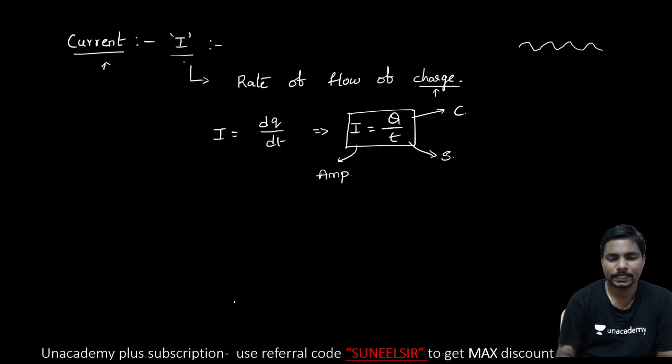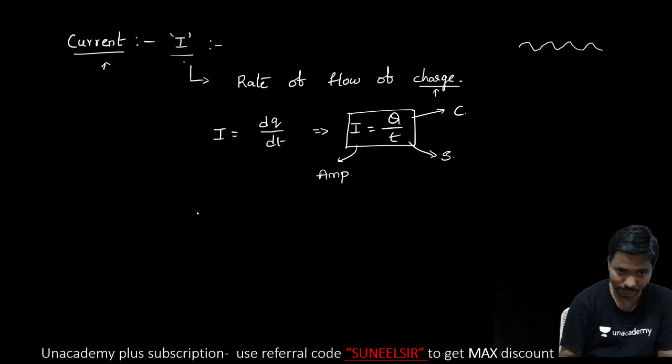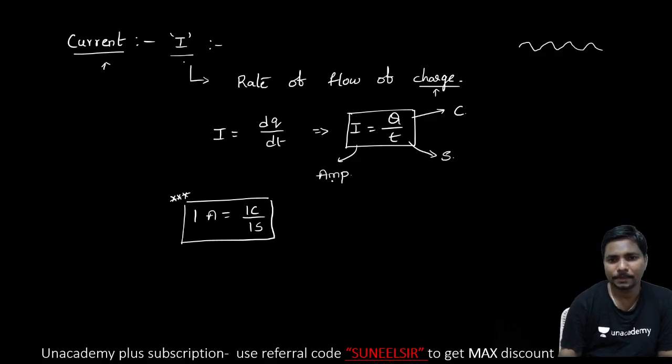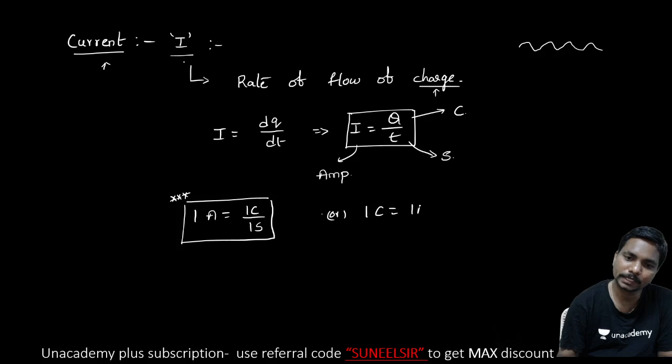To recognize the scientist Ampere, we give the current unit as ampere. From this, we can say that 1 ampere is equal to 1 coulomb per 1 second. Very important relation, friends. Or we can also say that 1 coulomb is equal to 1 ampere into second.